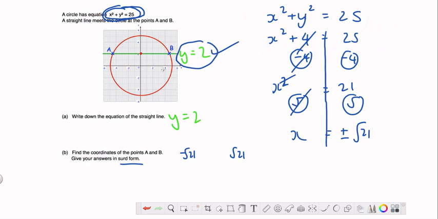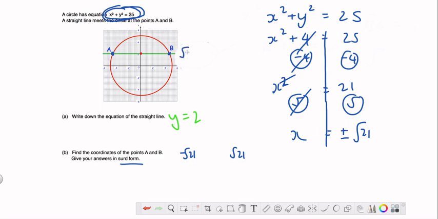Right, these are the x coordinates of these 2 points. Right, that one and that one. This one here, all right, let me just clear this for you. Right, so the coordinate of B is the positive one, the positive side, right?